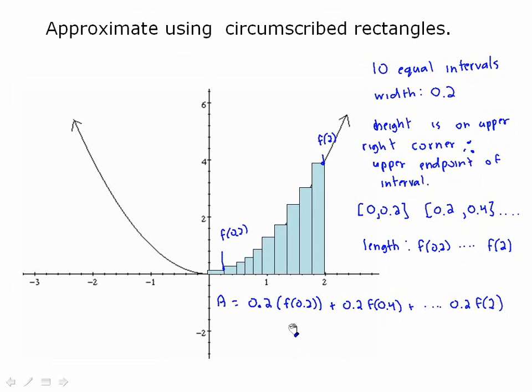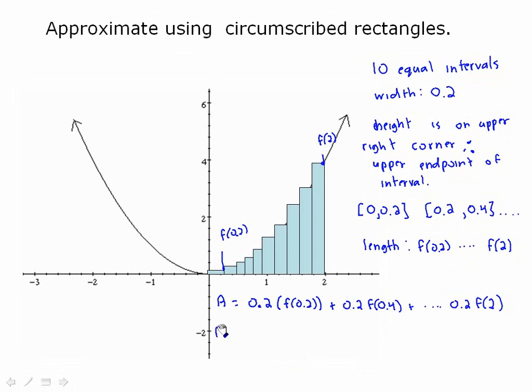Now the big thing that makes this different is that there is no length or height that's going to be 0. So instead of having only 9 rectangles, we're going to have 10. And that's really the key difference, and that's why we get the over approximation with it.